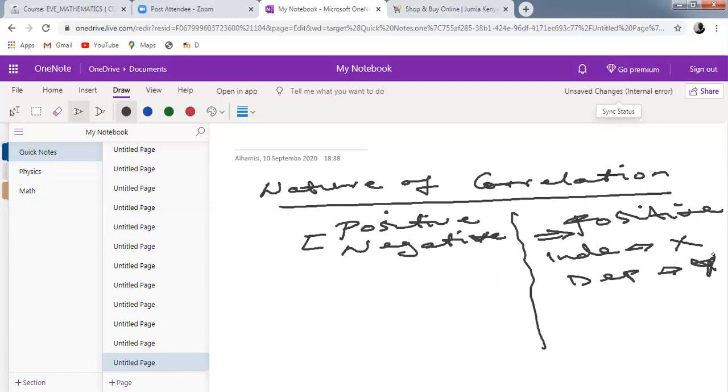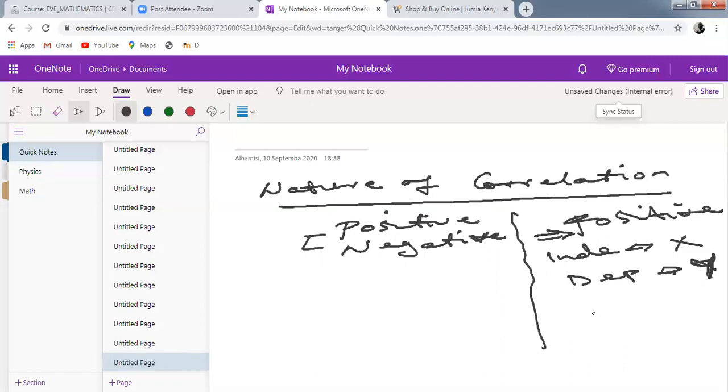Remember, our Y is our dependent variable, and it is being driven by the X variable, and that's why the X is also known as the cost driver. It is actually the driver of Y, because its effect will affect the dependent variable.